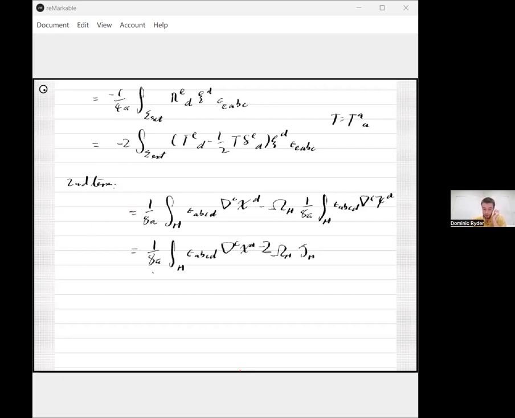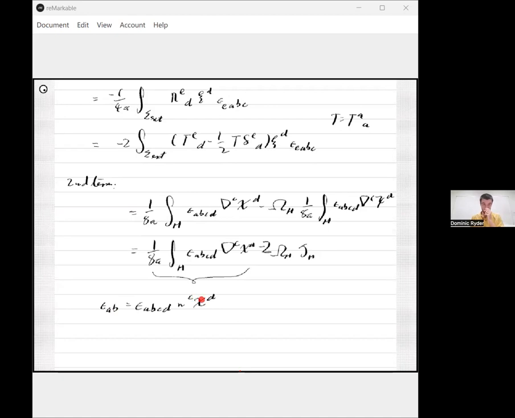To evaluate the first term in this, note that the volume element on H, epsilon_AB, is going to be given by the contraction of the volume element on the whole spacetime with the two unit vectors which are normal to it.